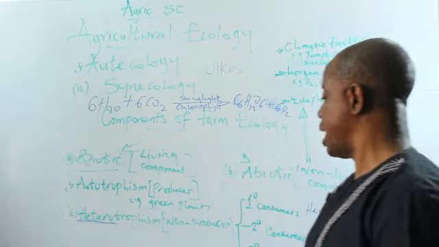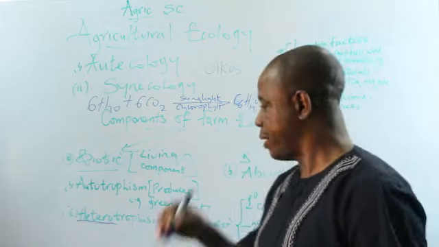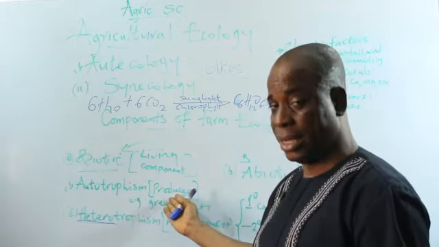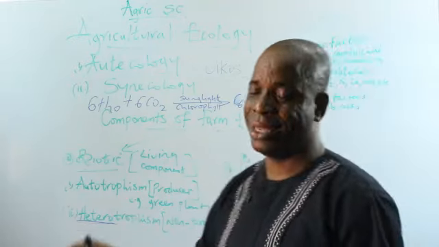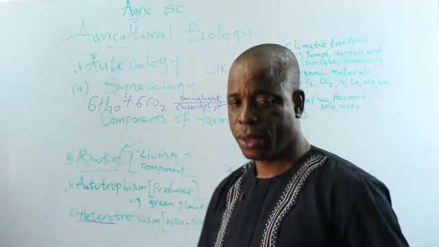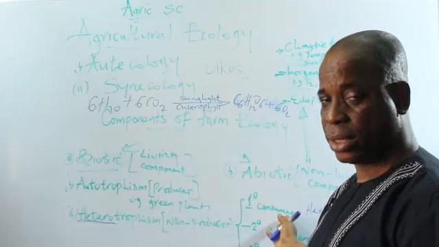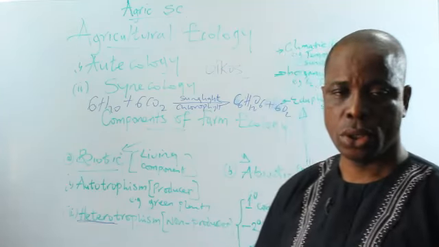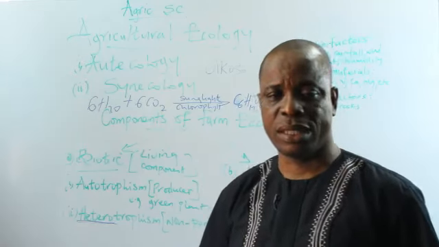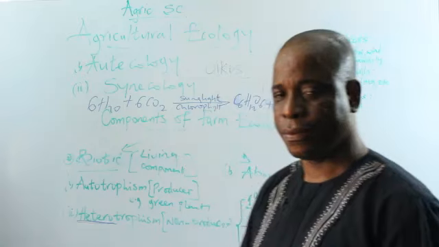Now, the heterotrophs are not capable of producing their food. They depend on the producers. So the first group of them are those that eat directly on the producers. These are the primary consumers, the herbivores. Examples are cattle, goat, sheep, rabbits. They feed on the grasses, they feed on the plants.